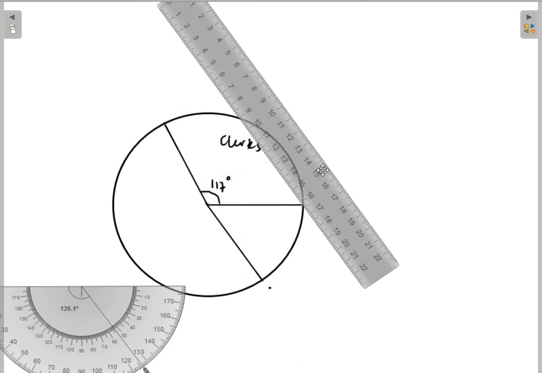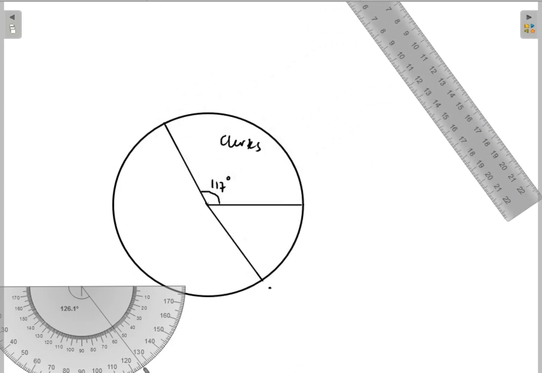Now we'll remove it, then we'll mark off that point. This is 54 degrees, and that's drivers.